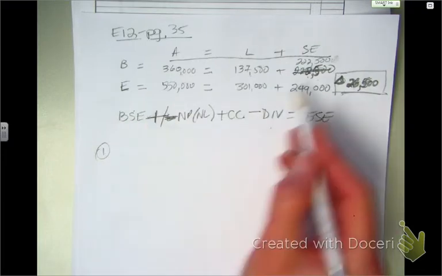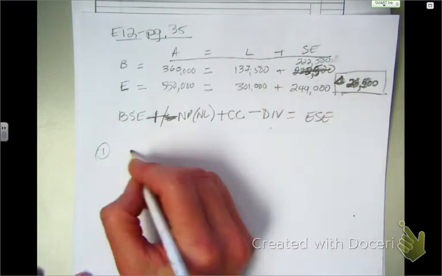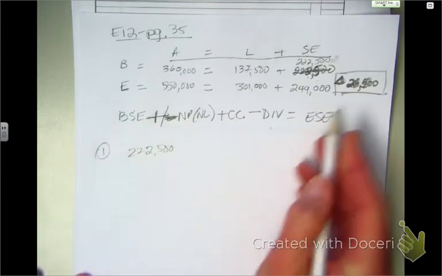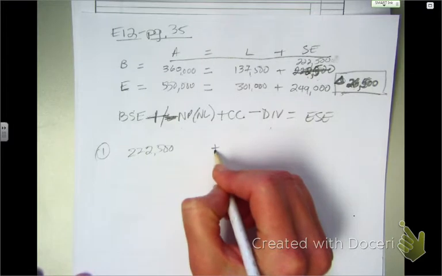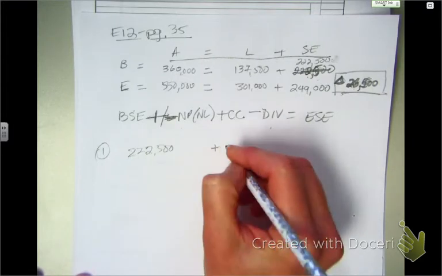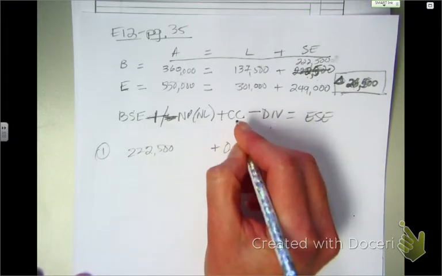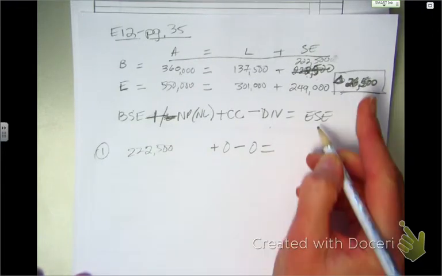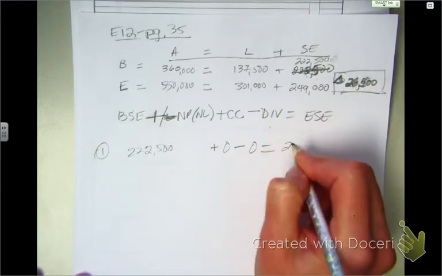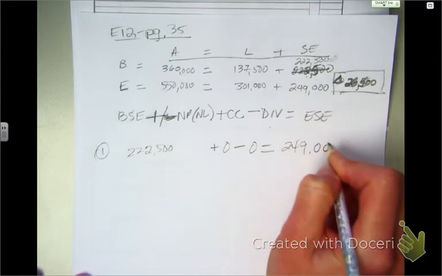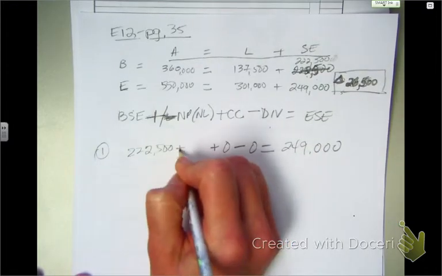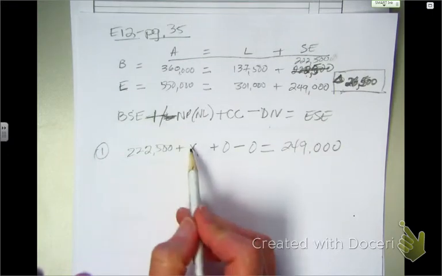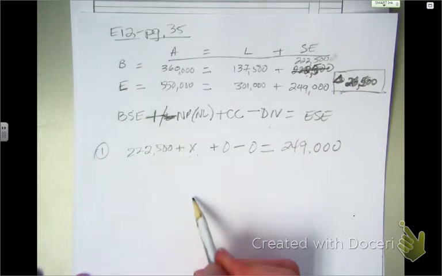So if I know my beginning stockholders' equity is 222,500, and I know that there are no additional paid-in capital, there are no dividends, and I know that my ending stockholders' equity is 249,000, what am I doing? I'm solving for net profit. It's always asking me, what am I solving for? I'm solving for net profit.